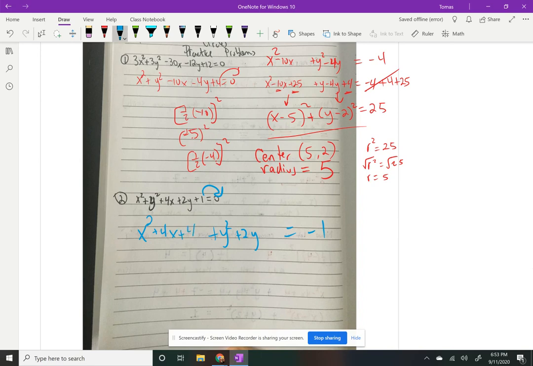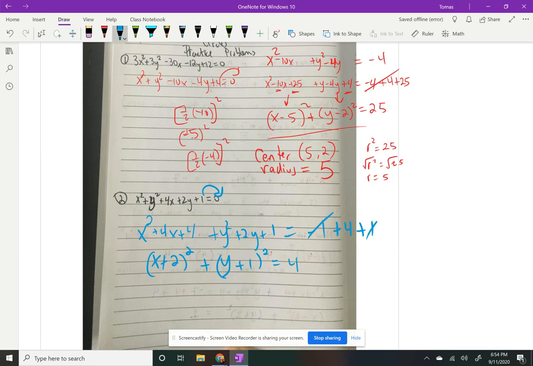So right here would be 4, and this one, cut this in half: 2 divided by 2 is 1, and 1 squared is just 1. So I have to add a 4 here and a 1 here. So this becomes x plus 2 squared when we factor it, y plus 1 squared. And then these will cancel, leaving us 4.